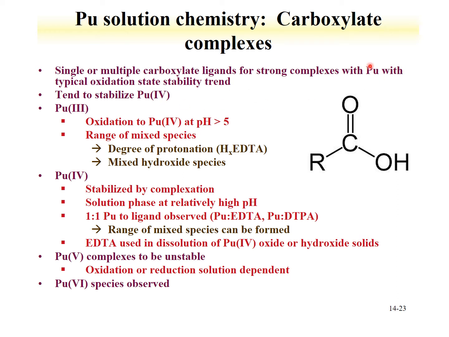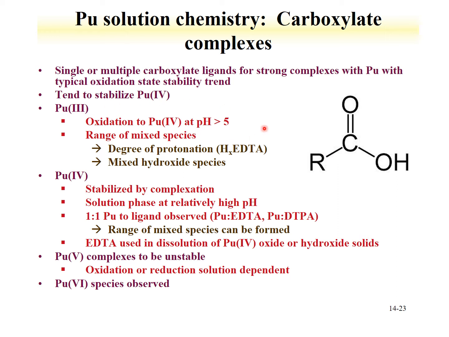They tend to form strong complexes and stabilize the tetravalent oxidation state. And here's an example of the carboxylic functional group, where R is just a hydrocarbon of some sort. So an example of this would be something like EDTA, ethylenediaminetetraacetic acid, or DTPA, diethylenetriaminepentaacetic acid. Any organic acid, though, with this functional group will have these similar properties.